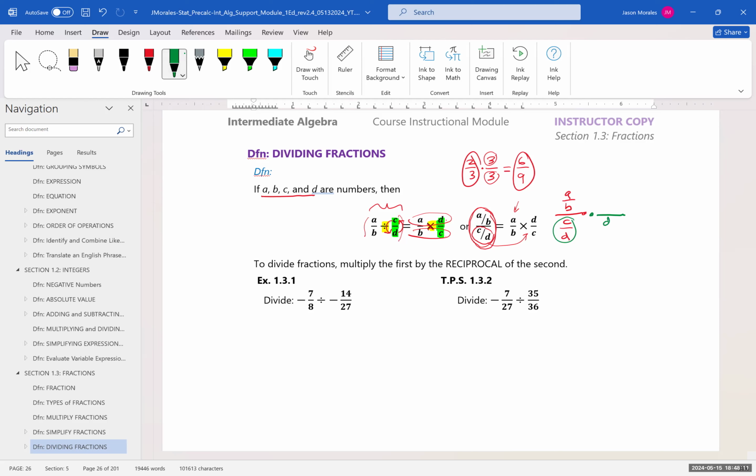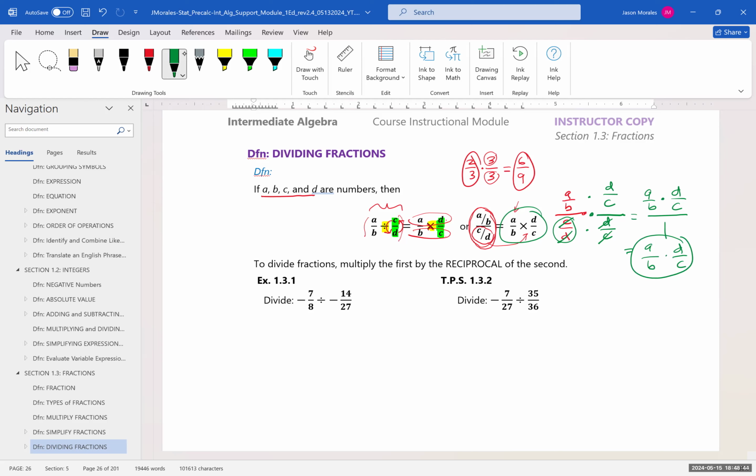So write this as D over C, D over C. And remember what I said about canceling common factors? This D cancels with that D, that C cancels with that C, and we're left with A over B times D over C all over 1. This 1 goes away, and we're left with this right here.